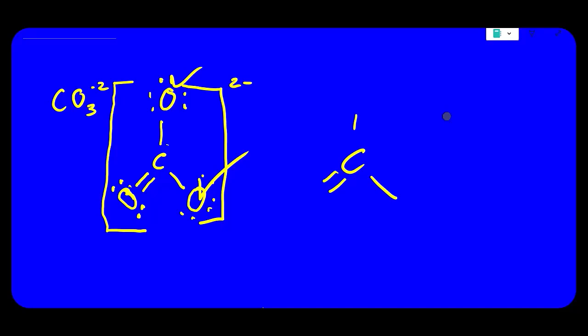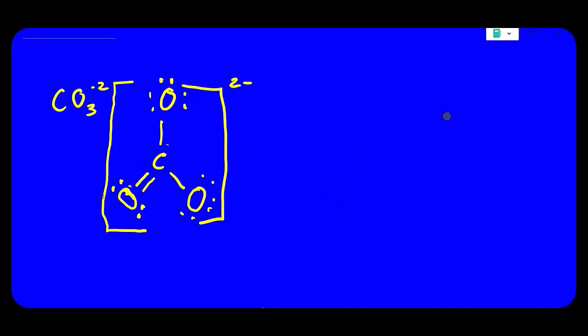Each bond has 2 valence electrons, so that would bring us up to 8 valence electrons, and that would satisfy the octet rule. So carbon can get a check. Looking at the lower left oxygen, we have an oxygen with a double bond and 2 lone pair of electrons. So that gives us 8 valence electrons, and this satisfies the octet rule, so we can put a check on that. So this molecule is good and sound.